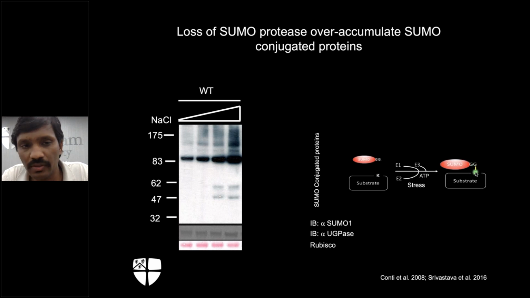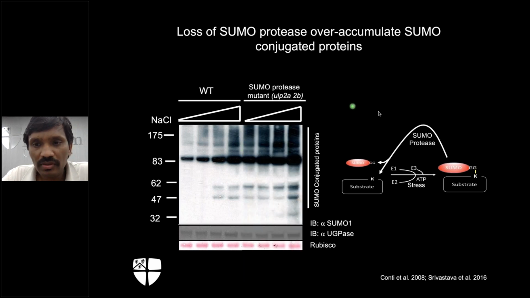SUMO gets conjugated with the specific substrate lysine. When you extract the total protein, do a Western blot, and probe with the SUMO antibody, you can see the SUMO-conjugated proteins start appearing.